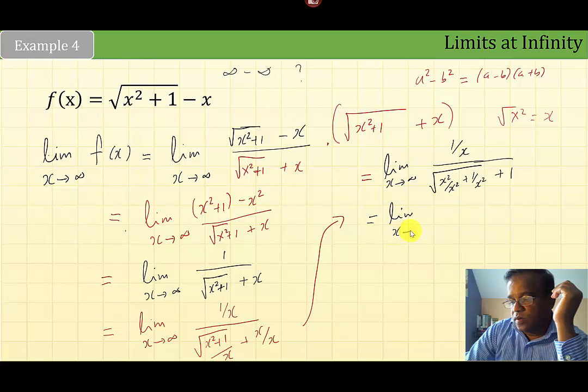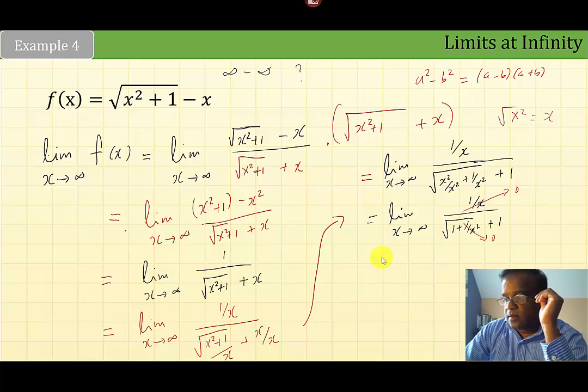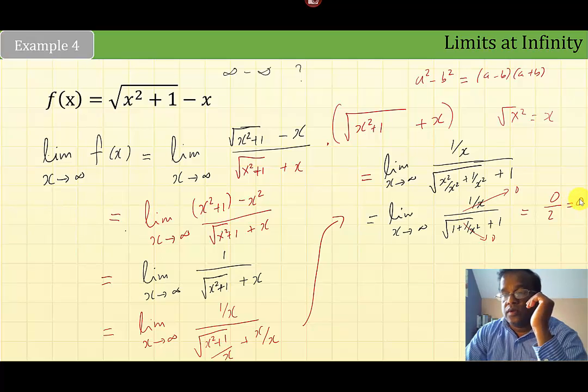As x goes to infinity, you get 1 over x in the numerator, and here we get the square root of 1 plus 1 over x squared, plus 1. Now as x approaches infinity, 1 over x approaches 0, and this also approaches 0. So what we get is 0 over the square root of 1 plus 1, and the square root of 1 is 1. So 1 plus 1 is 2, so 0 over 2, which is equal to 0.